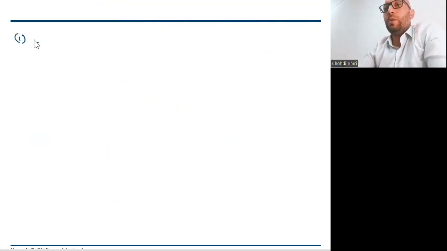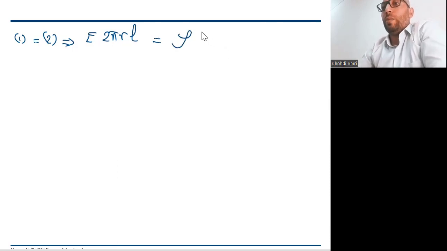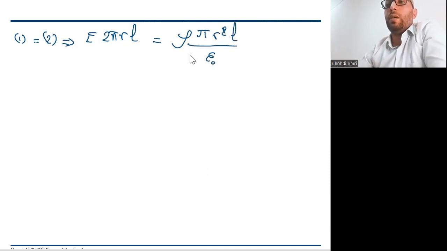Term 1 equal term 2 gives E 2 pi R L equal rho multiplied by pi A squared L divided by epsilon naught. Sorry, A squared, not R squared. So what will we simplify?